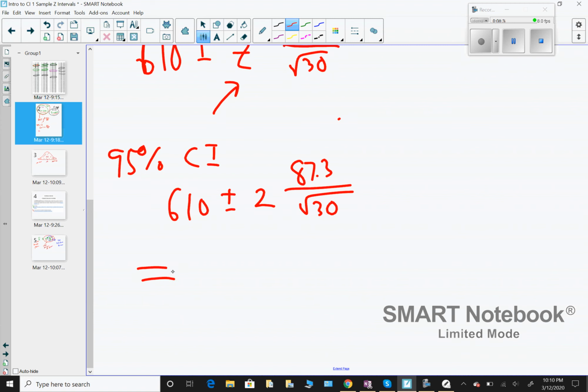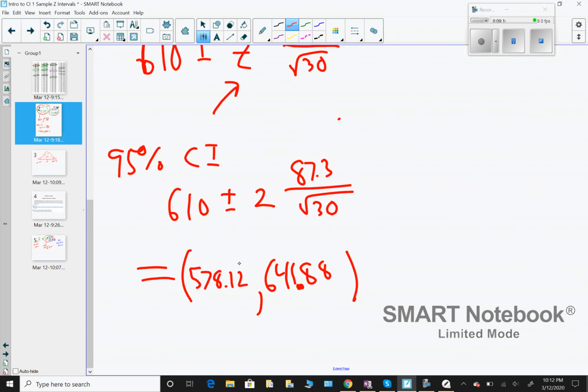That interval will turn out to be the following. So we'll go to a maximum value of 641.88. Oh, my 1 didn't write there. Sorry, that's 641.88. And then it goes down to 578.12.